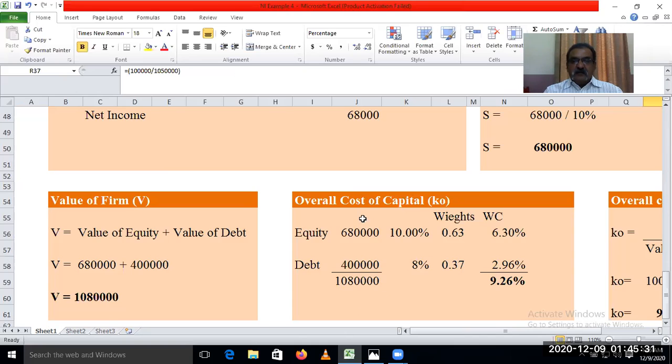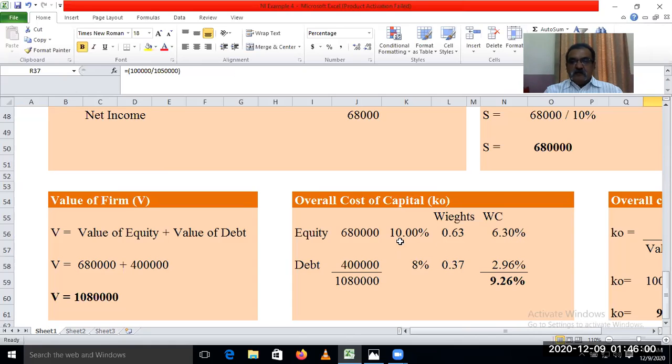Now the second thing is overall cost of capital. Equity amount 6,80,000, debt 4 lakhs, total capital 10,80,000. Specific cost: equity 10%, debt 8%. Weights: 6,80,000 divided by 10,80,000 comes to 0.63, and debt 4 lakhs divided by 10,80,000 comes to 0.37.